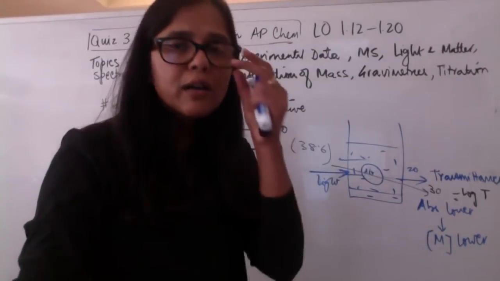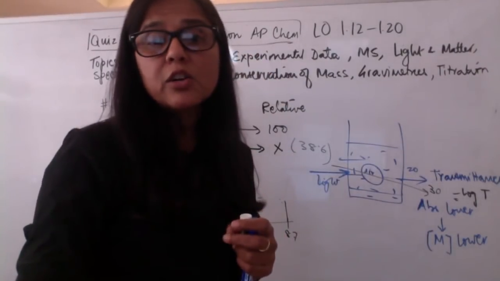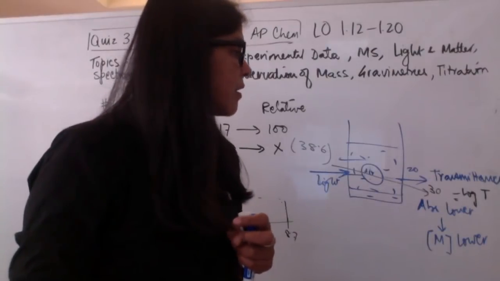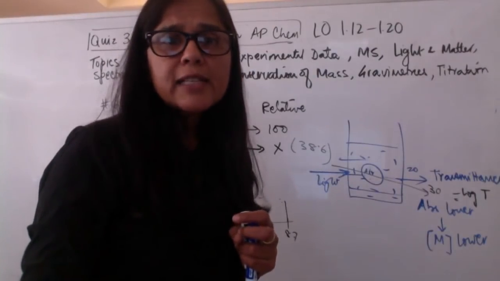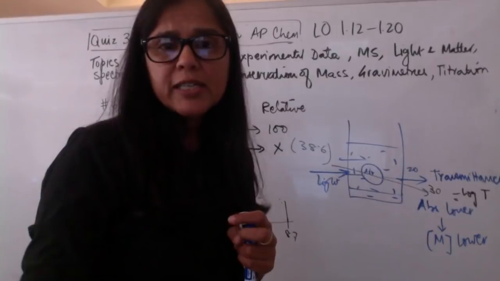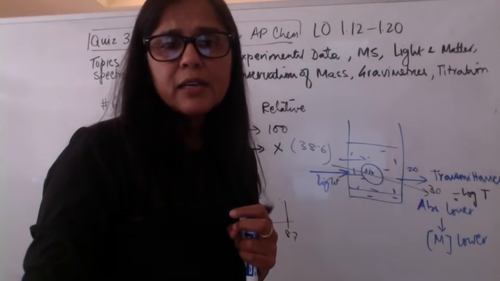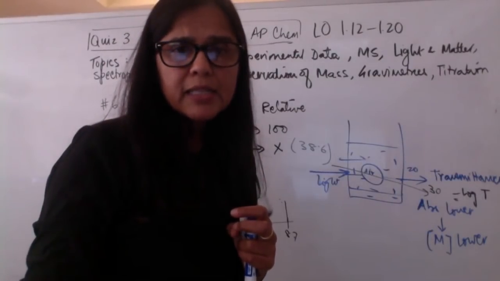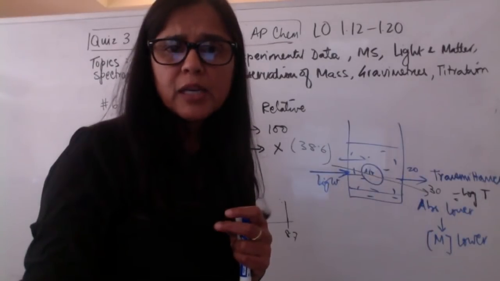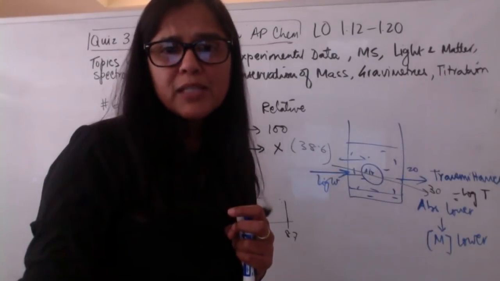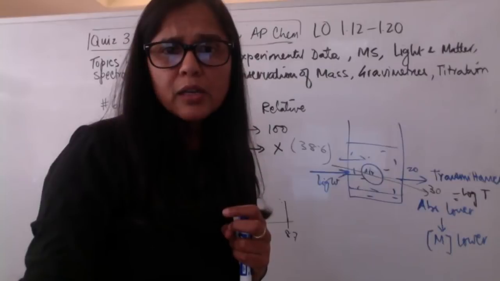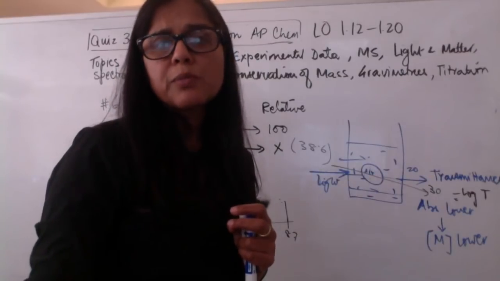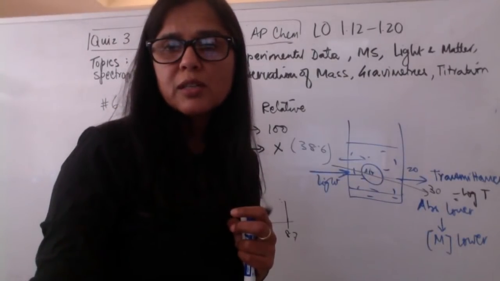Oh, lower absorbance, right? Or higher transmittance. I think answer key is right, Krishna. Check it again. What I see here, the answer for 7A, it says presence of air bubble on the cuvette is lower. Light passes through the bubble, showing lower absorbance. So lower absorbance means lower concentration.